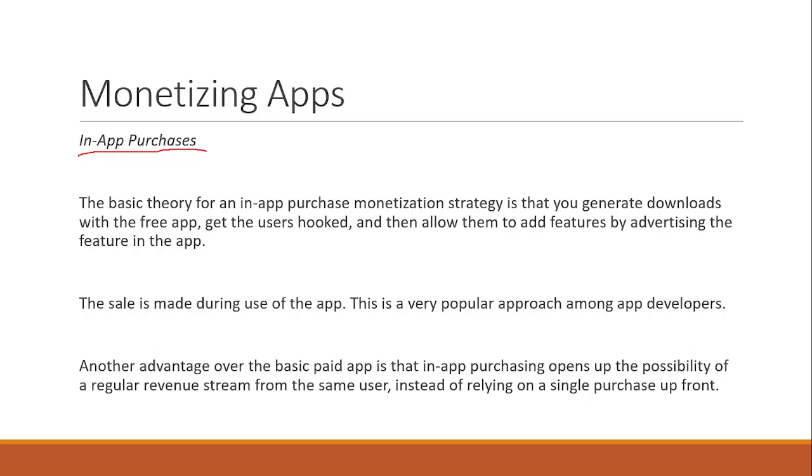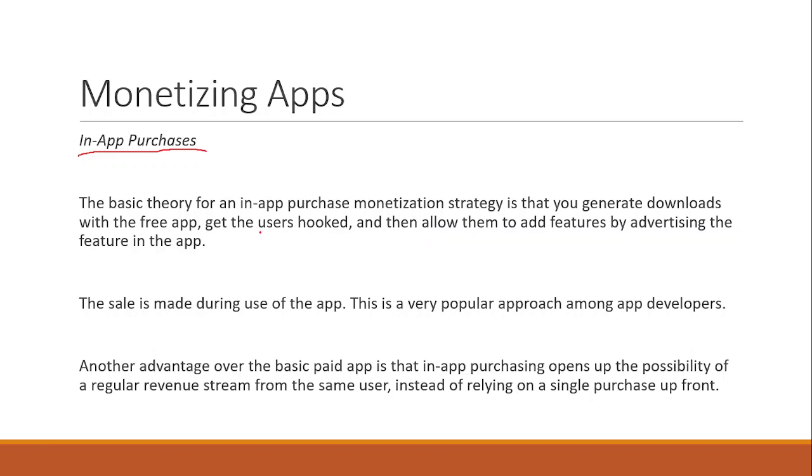Another approach for monetization is to release a free app that is supported by in-app purchases. It's the same type of application, free, but the way of earning money is inside the application. The basic theory of an in-app purchase monetization strategy is that you generate downloads within the free app, get the users hooked, and then allow them to add features by advertising the feature in the app.